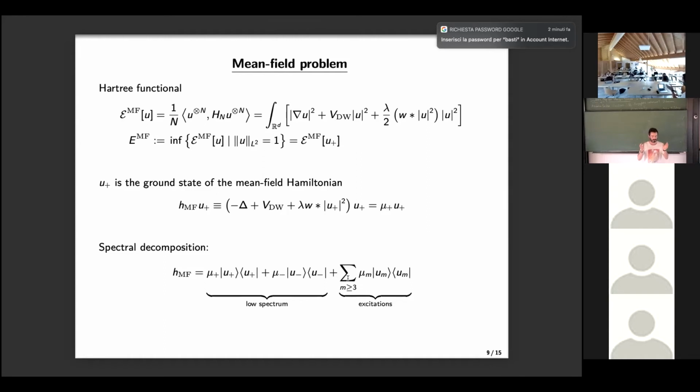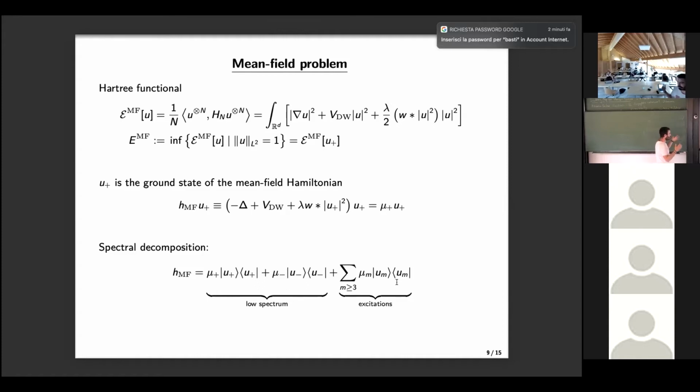So the picture you should keep in mind is that now this is the part of the spectrum of the mean field problem. These are the modes that matter to the leading order. Okay, particles want to occupy u_plus and u_minus much more than the excited modes. Well, why? How can one say that?